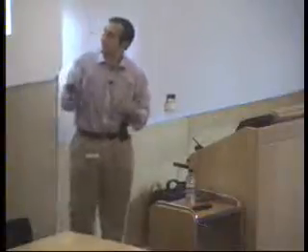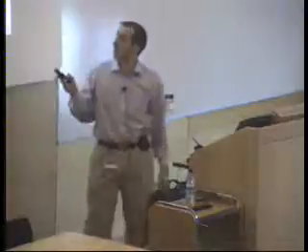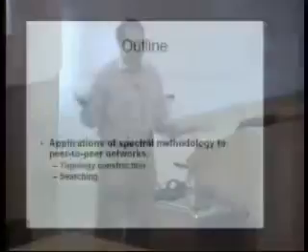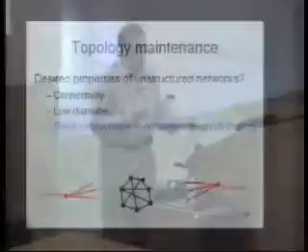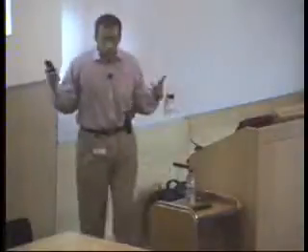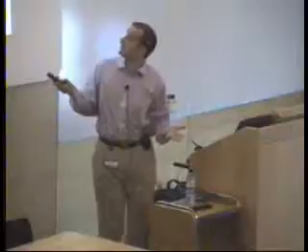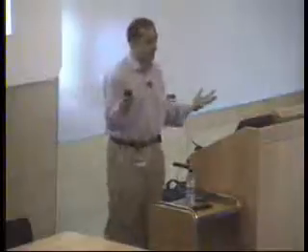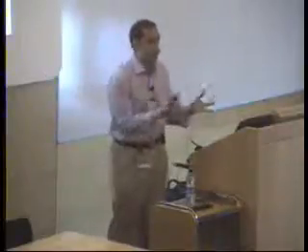So first I will describe the question of topology maintenance. There are many important unstructured networks that are commonly used today, and these are the peer-to-peer networks, which are gaining in popularity. However, when we want to design such networks, we want to make sure that the underlying topology has some good characteristics.